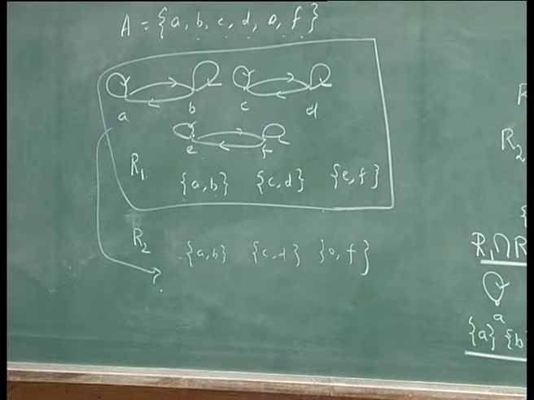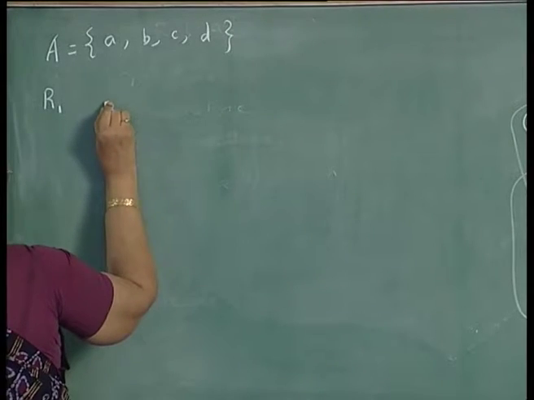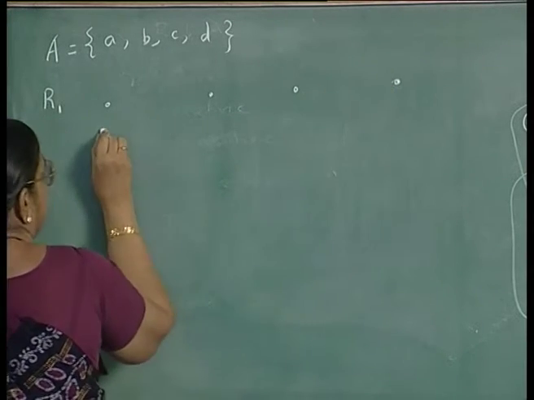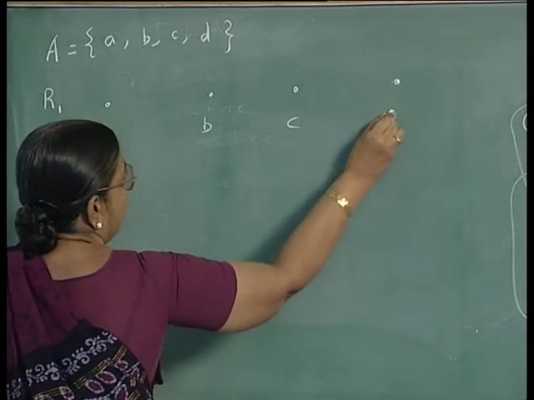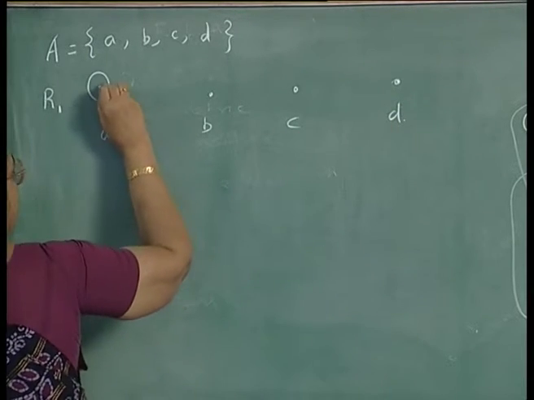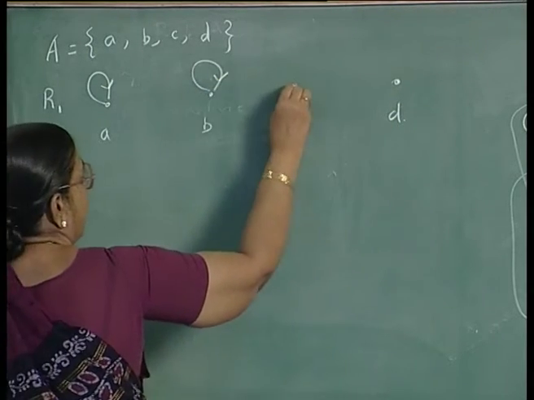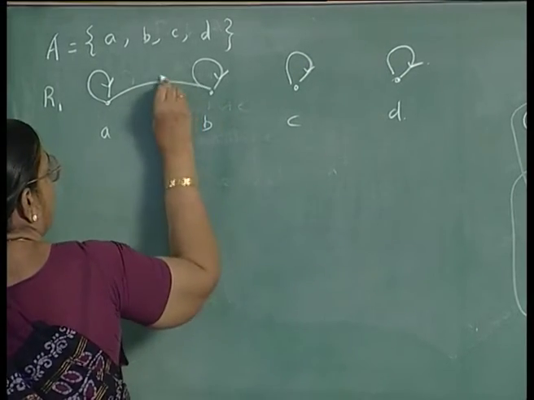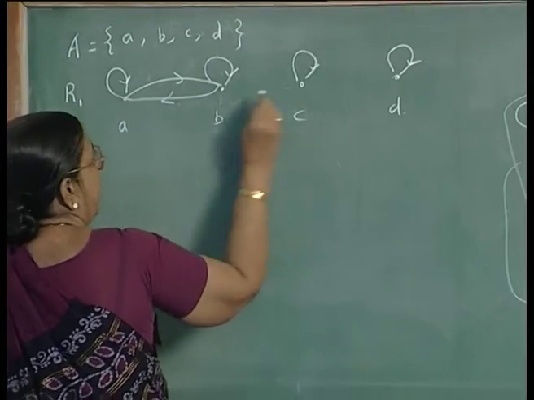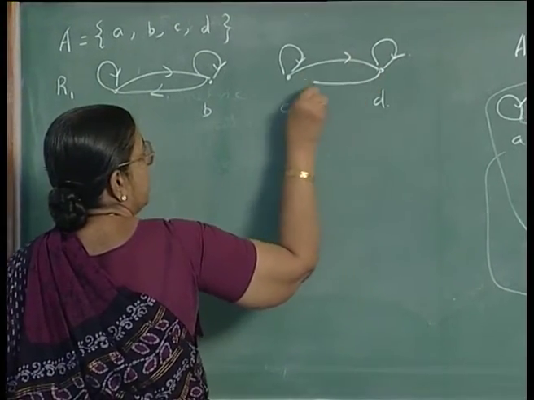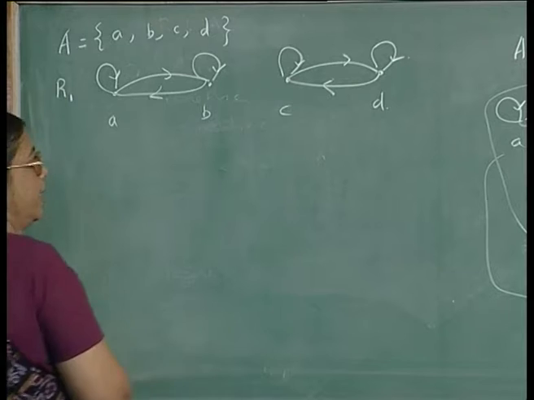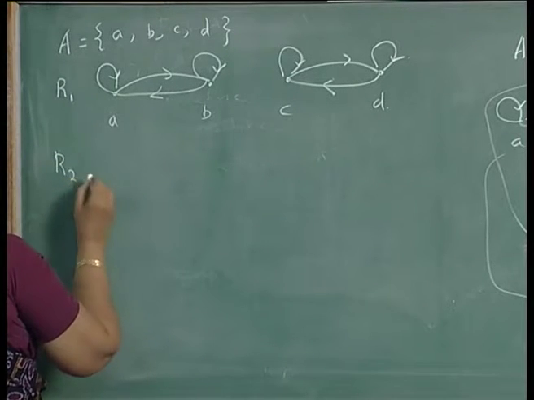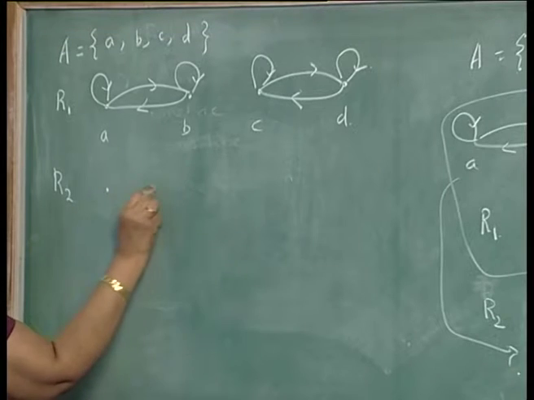Let R1 be an equivalence relation on A, B, C, D defined by a digraph like this. Here A and B are in one equivalence class, C and D are in one equivalence class. Let R2 be an equivalence relation defined like this.